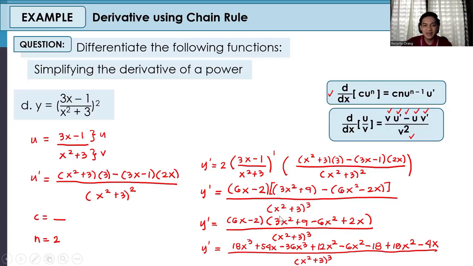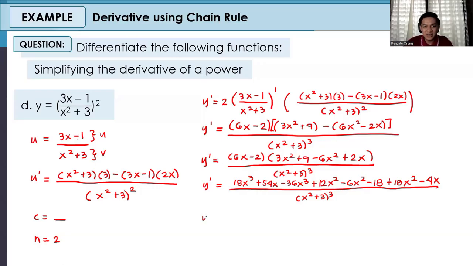So let us adjust, class. Then, last thing we need to do is to combine like terms and simplify. Let us start with the bigger exponent. We have 18x cubed minus 36x cubed is negative 18x cubed. Next, 12x squared minus 6x squared is 6x squared plus 18x squared is positive 24x squared.